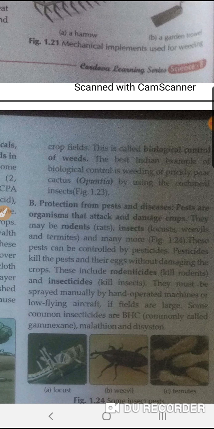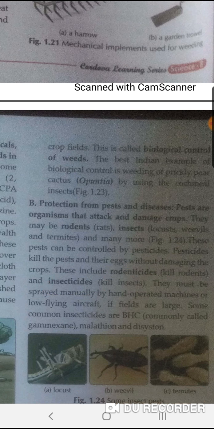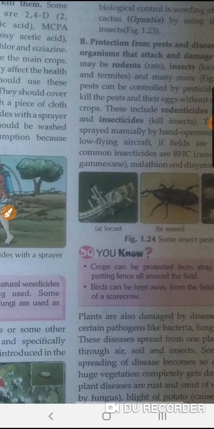We have to control them by using pesticides. Fine. For pests, pesticides. For rodents, rodenticides, and for insects, insecticides. Clear? Learn a few of their examples also.